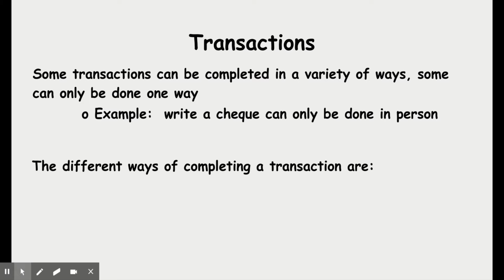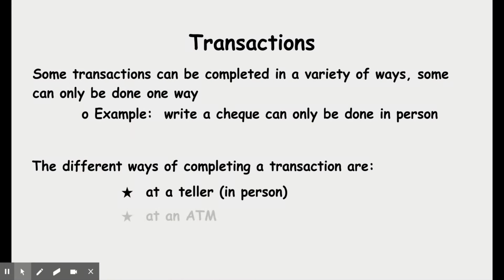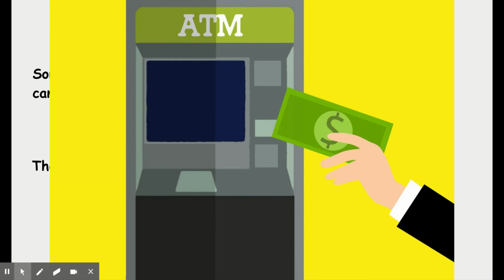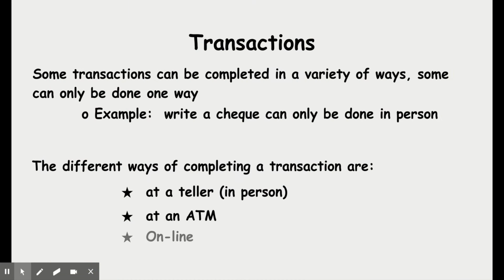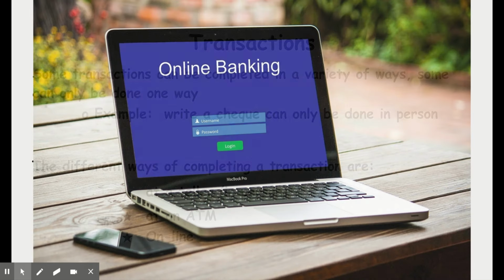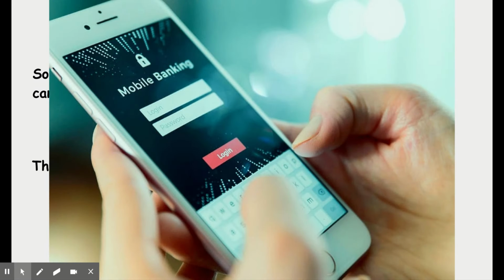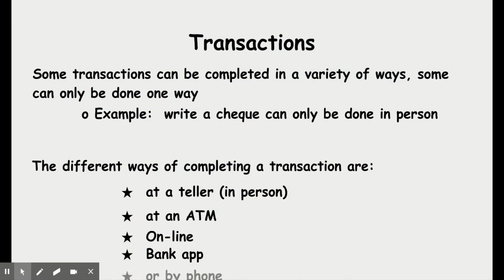The different ways of completing a transaction are at a teller, so going in to an actual person at a bank and talking to them; at an ATM, an automatic teller machine; online, through our computers; with bank apps; and by phone.